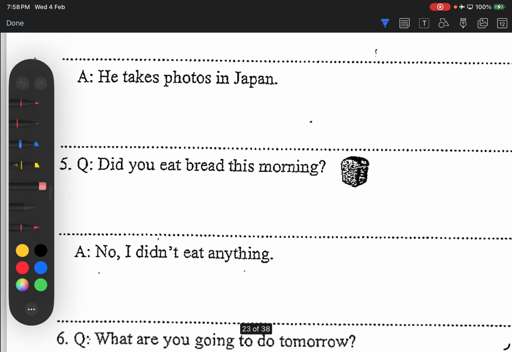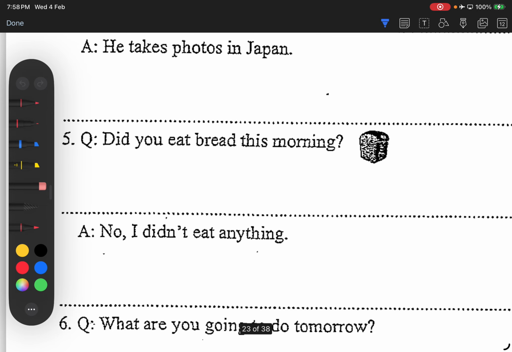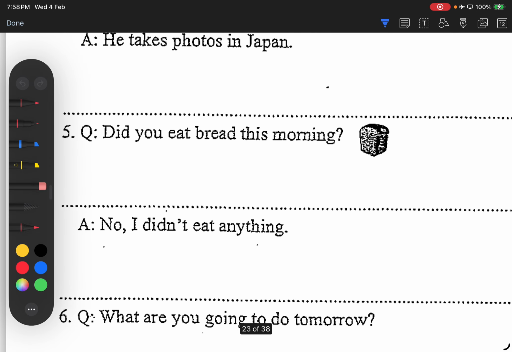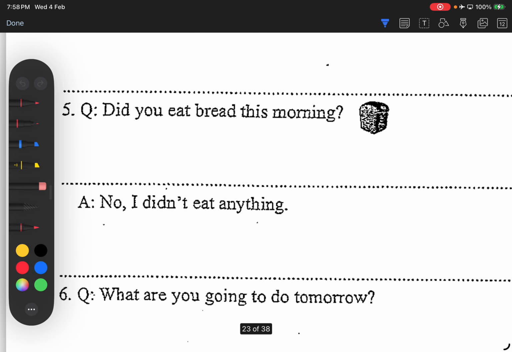Okay, number 5. Did you eat bread this morning? あなたは今朝はパンを食べましたか。Very good, past tense, right? 今朝パンを食べましたか? Very good. No, I didn't eat anything. いいえ、食べませんでした。Okay, where is the anything?